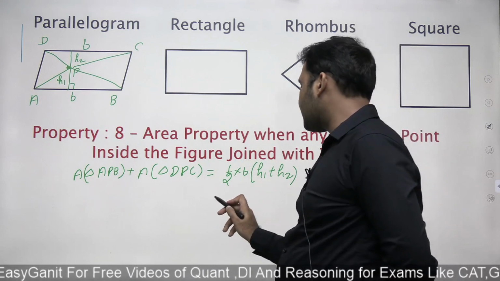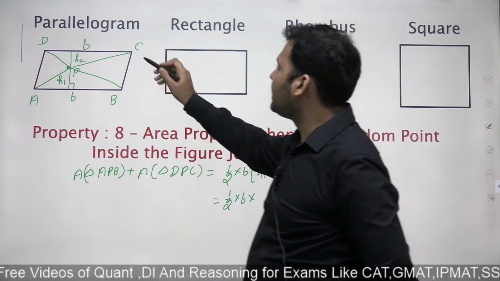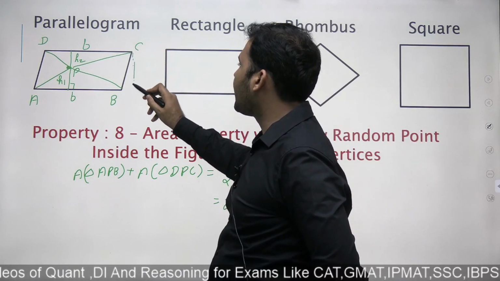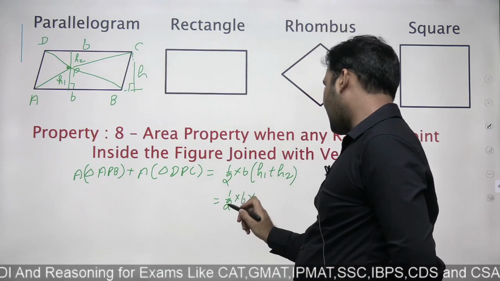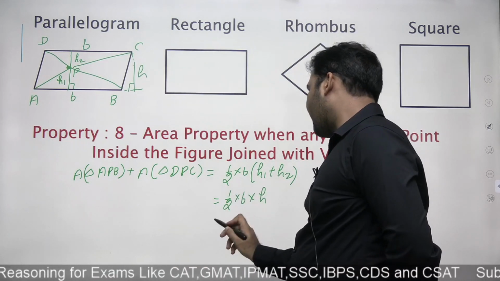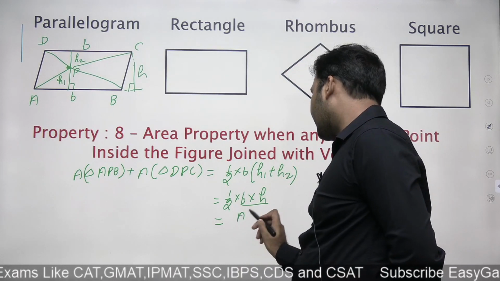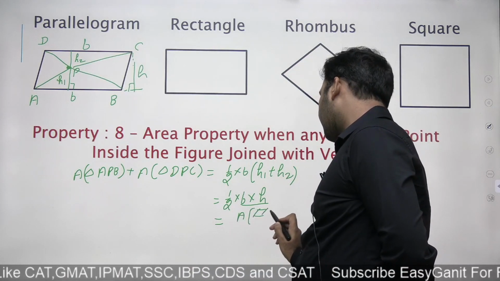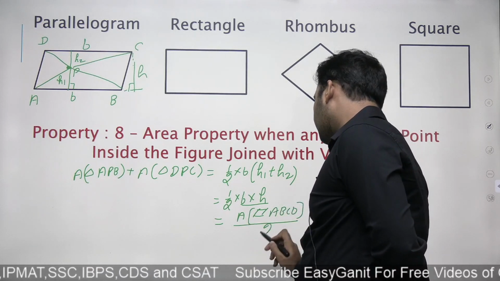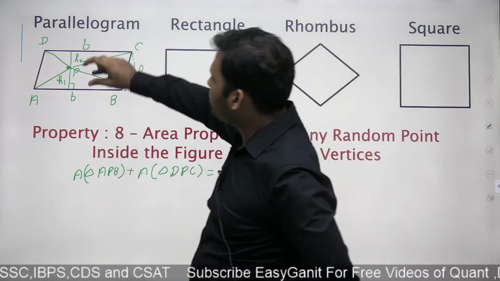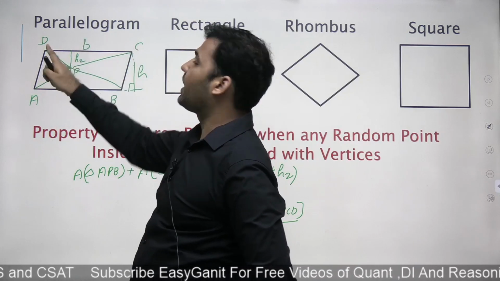Now what is H1 plus H2? H1 plus H2 is the distance between the 2 parallel lines. Let's say the distance between these 2 parallel lines is equal to H, right? So can I also say that this is half into B into H? Now what is B into H? B into H is the area of the whole parallelogram ABCD. So it is area of whole parallelogram ABCD divided by 2.